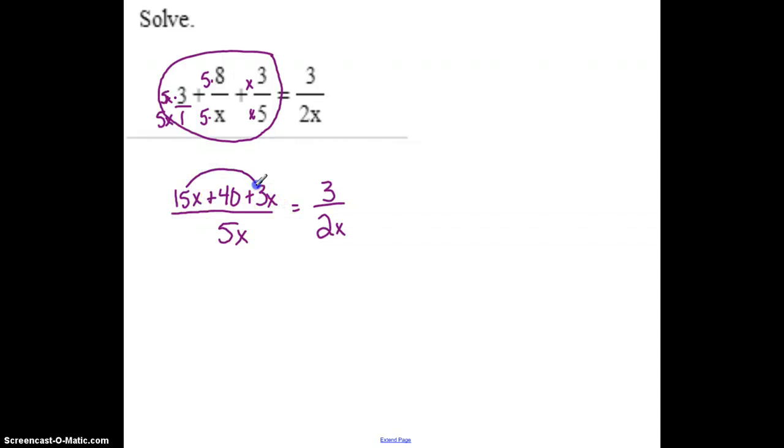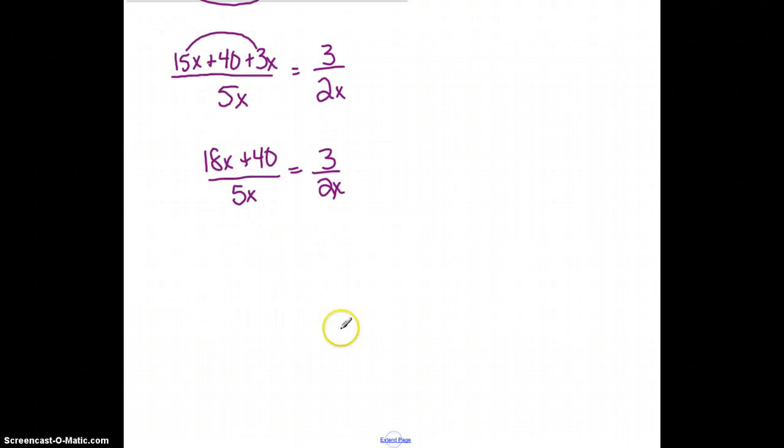And then these two I'm going to put together, which is going to give me 18x plus 40 over 5x equals 3 over 2x. Okay, let me move this up a little bit. Remember, now we're at the phase where we're going to start to go through and get some things that are alike together.